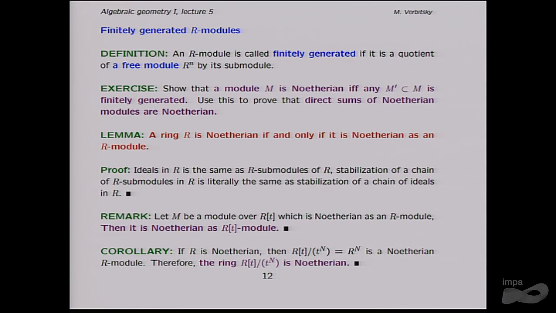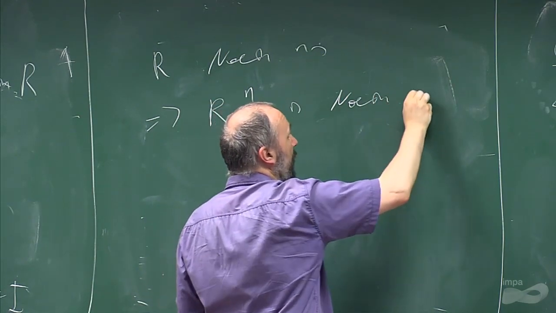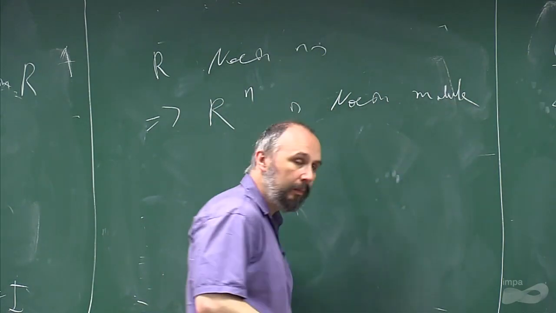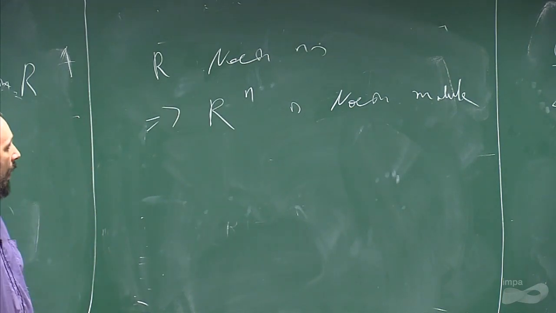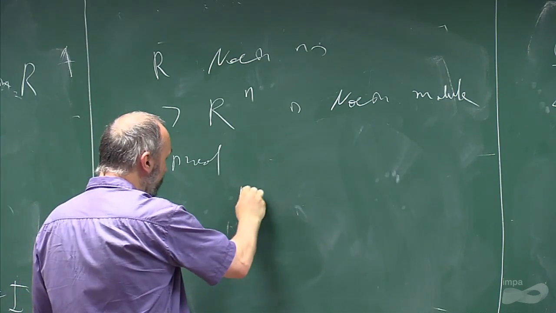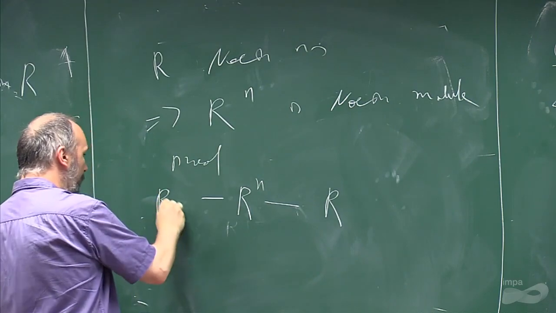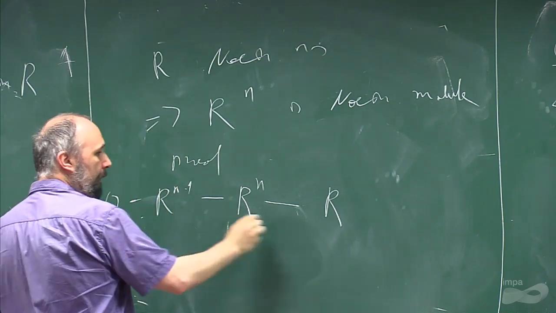So if R is a Noetherian ring, then R^n, the free module, is a Noetherian module. Use induction for that proof. We consider this R^n mapped to R. Here we have R^(n-1), 0, 0.